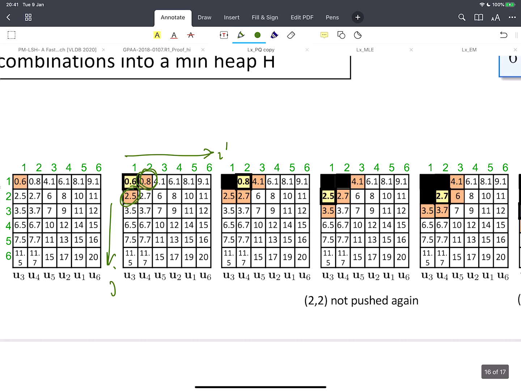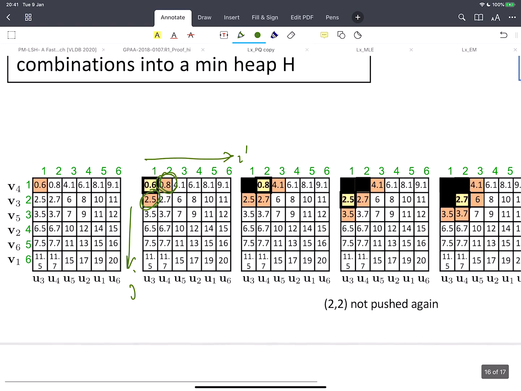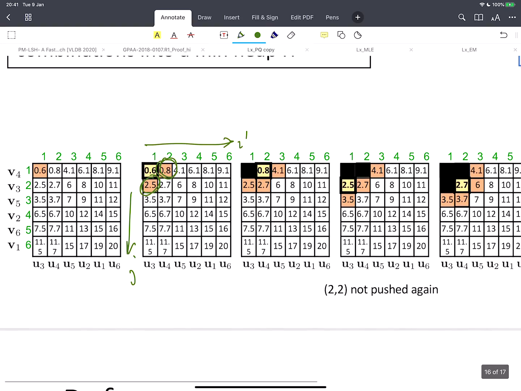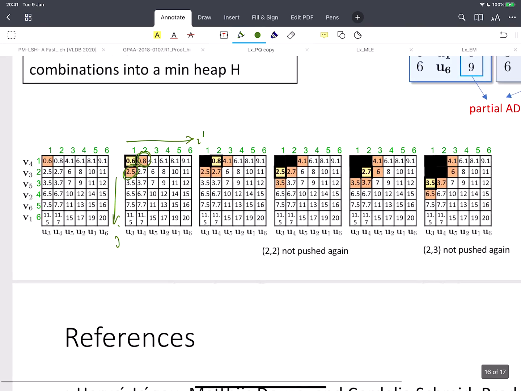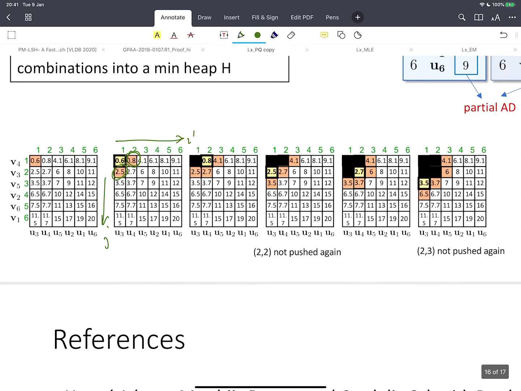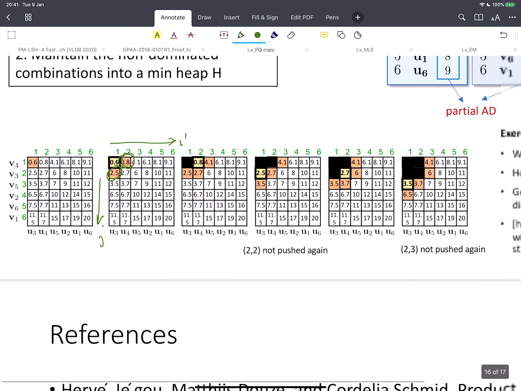Right. So all the white guys, we list all the values there, but it doesn't really matter. As far as the algorithm is concerned, all the white cells are actually unknown. Then after you process this guy, you remove it, right?